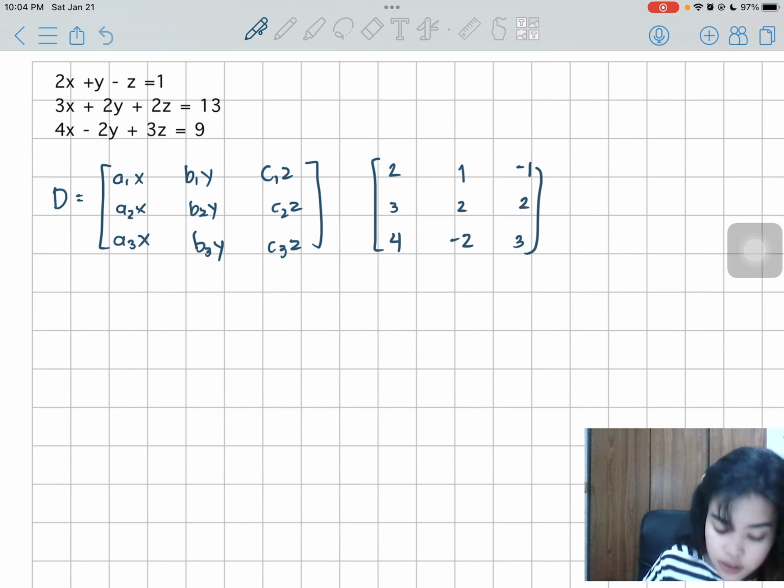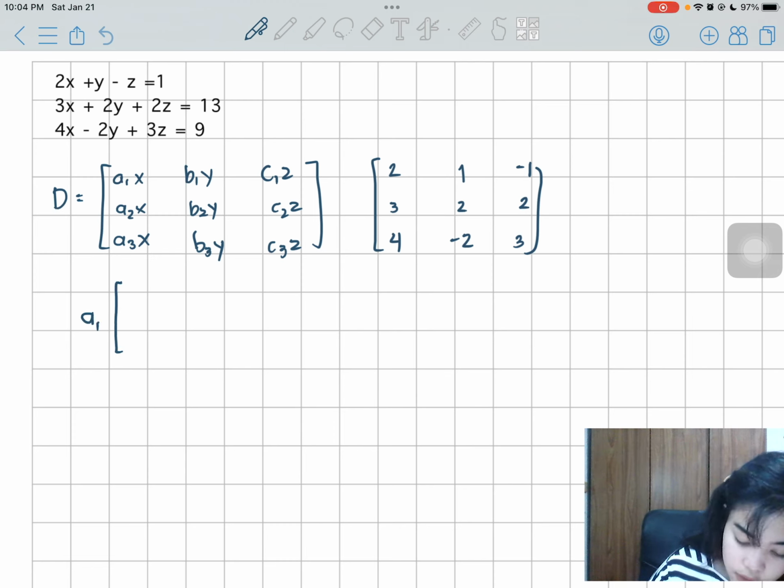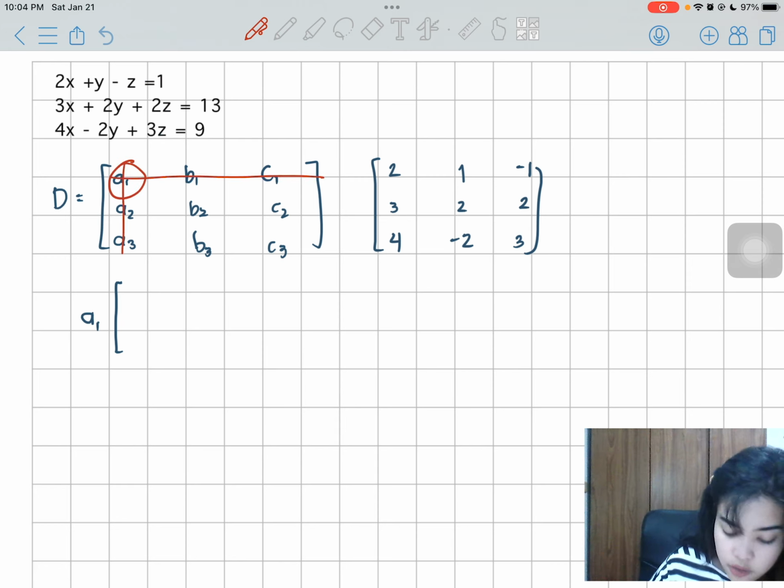And finding the determinant D, we have a1 multiplied by, if we have a1, then we must eliminate row 1 and column 1. We will put b2, b3, c2, and c3.